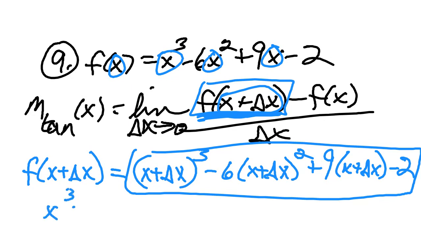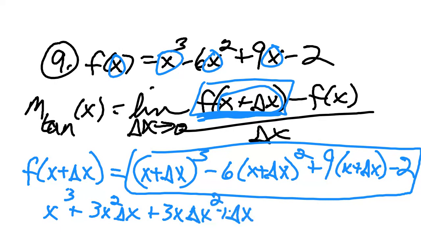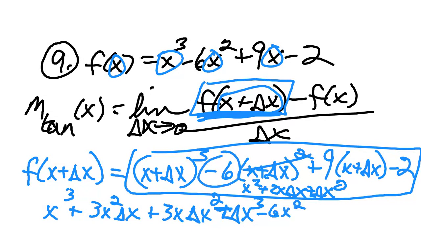We already did this one, so it's x cubed plus 3x squared delta x plus 3x delta x squared plus delta x cubed. And then here, this part, when you square it, is x squared plus 2x delta x plus delta x squared. Then I have to take minus 6 times that, so it'd be minus 6x squared minus 12x delta x minus 6 delta x squared.